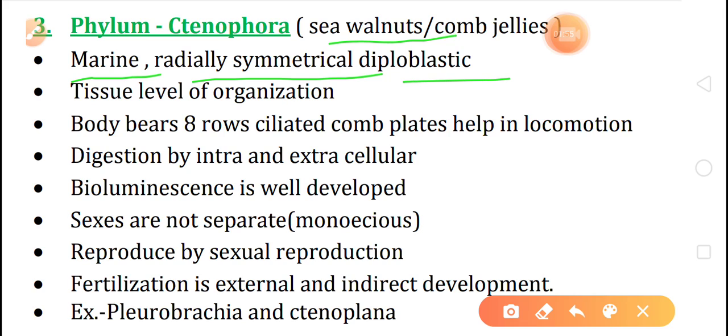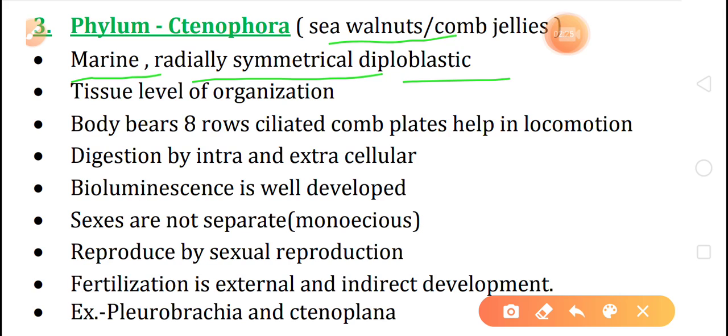Ctenophora are diploblastic. Diploblastic means they have two germ layers, endoderm and ectoderm. Endoderm is the innermost layer and ectoderm is the outermost layer. Ectoderm forms the skin and CNS, and endoderm forms the internal glands.